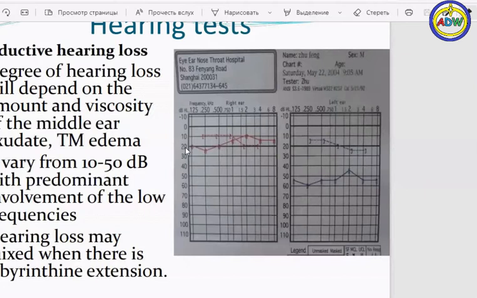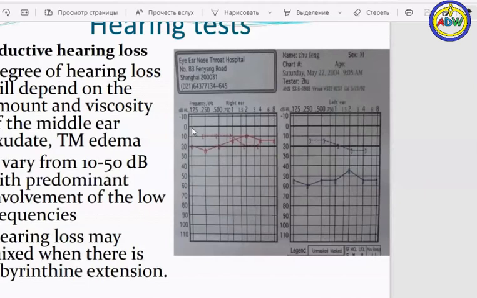Normally we can hear up to 20 decibels. This is normal. These are the frequencies: we start from 125, 250, 500, 750, and go up to 8,000.